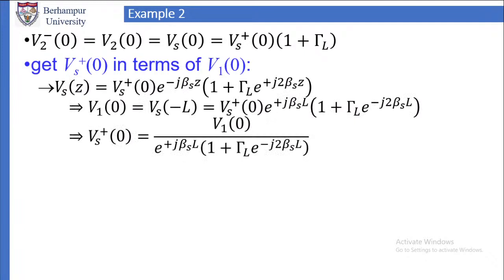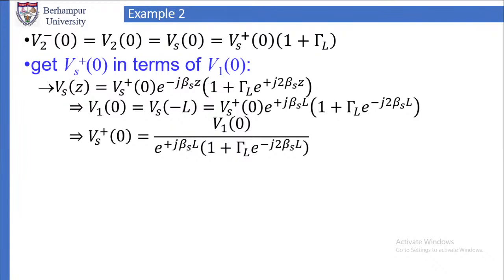So Vs at any point z is equal to Vs plus at reference 0, into exponential minus j beta s z, whole into 1 plus gamma L exponential plus j2 beta s z. This is how we discussed it when we talked about transmission lines, so I am not going to discuss it once more.